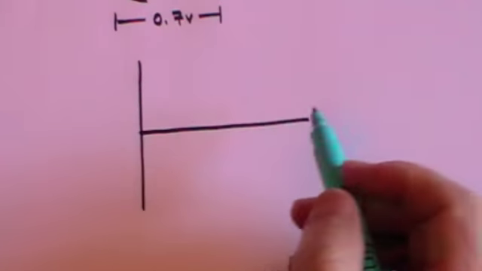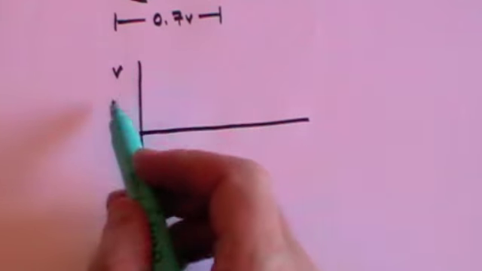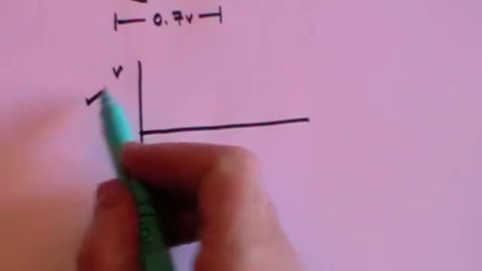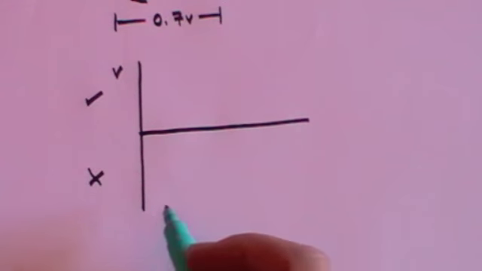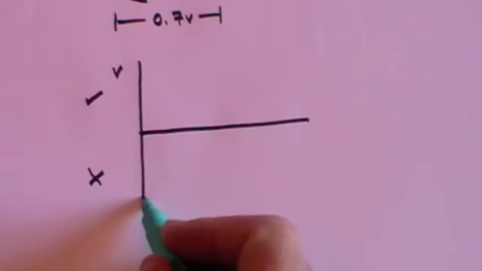So if we draw a voltage-current chart for a diode, where this end is the voltage in the correct way, and this is the voltage in the incorrect way, in other words, no current will flow, then what you find is if you put the voltage the wrong way round, you get no current.